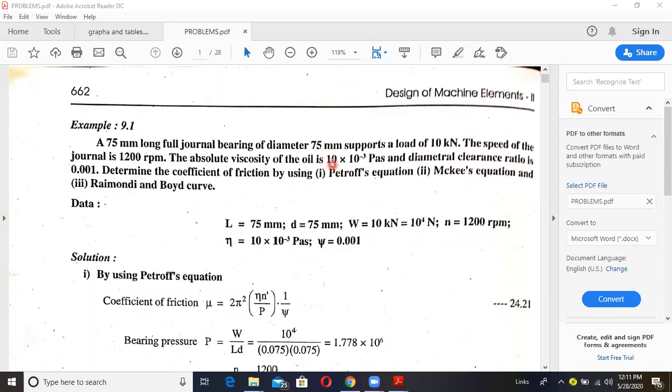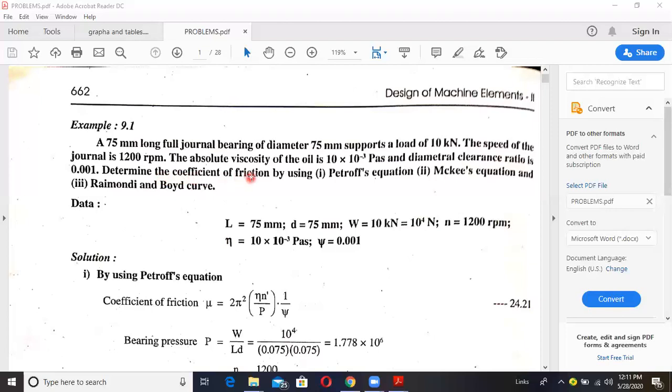The lubricating oil you are using has viscosity 10 into 10 to the power of minus 3, and the diametrical clearance ratio is 0.001. The diametrical clearance ratio is represented by xi, which is equal to 0.001. So this is the data they have given.